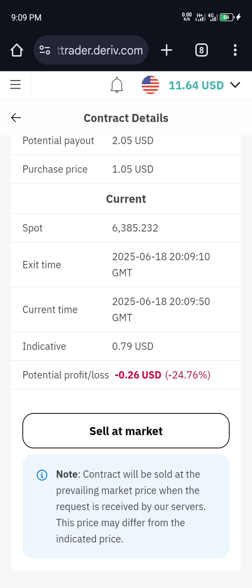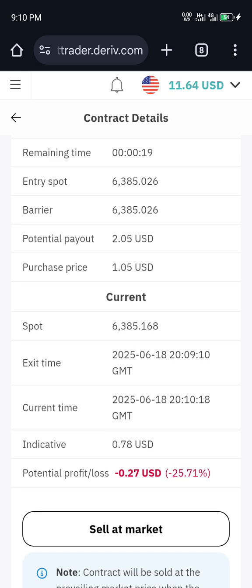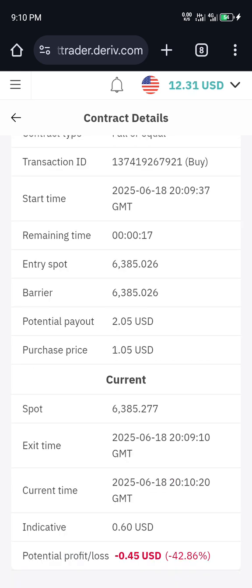As for stop loss, 45 cents. Then for the take profit, if I see 75 cents, I will just pick it.